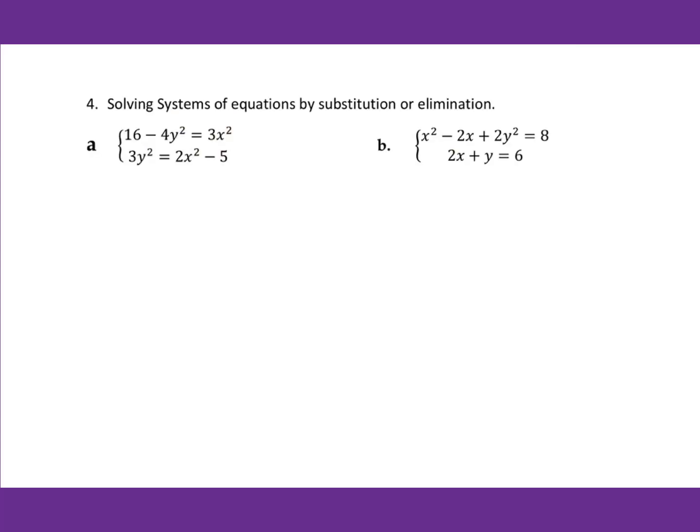For number 4, solving a system of equations by substitution or elimination. For A, we can do elimination. It's hard to create the x equals or y equals. Then try to change into equals constant form. So we label this equation 1, this equation 2.